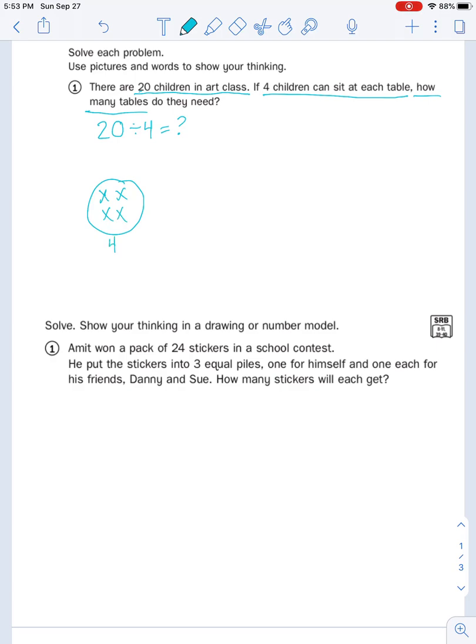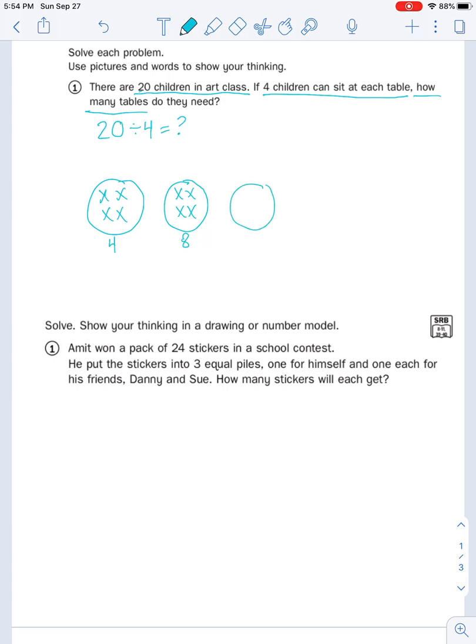So 1, 2, 3, 4. I'm gonna put 4 down here to represent that we've used 4 of the kids out of the 20. Well, let's make another one because we're not to 20 yet. 1, 2, 3, 4.